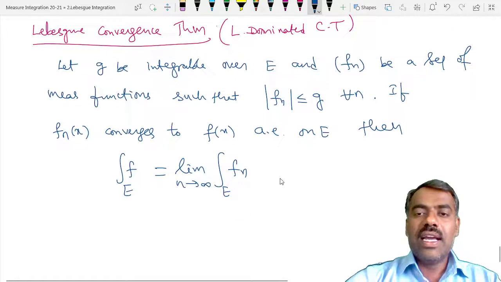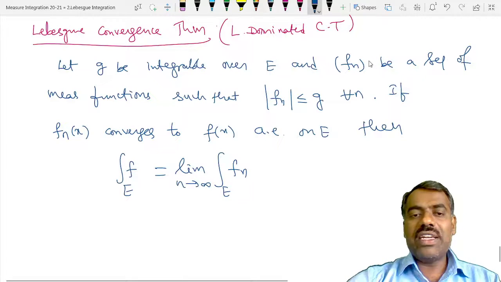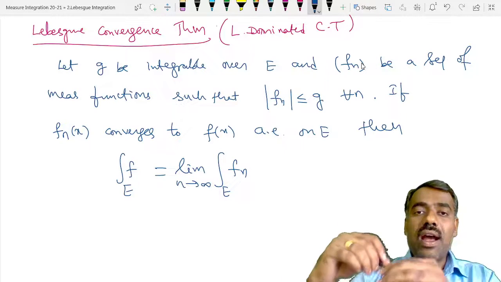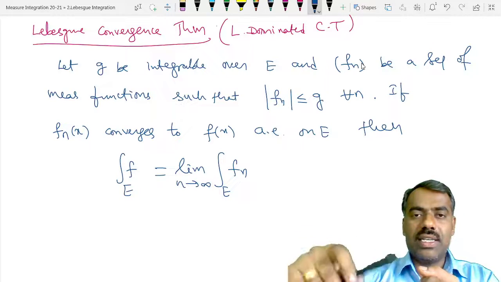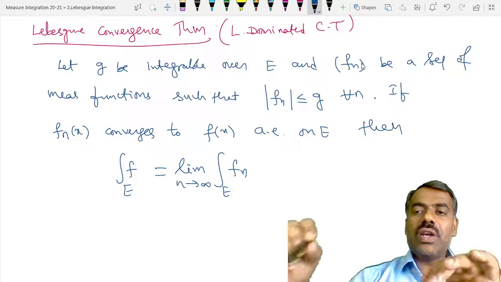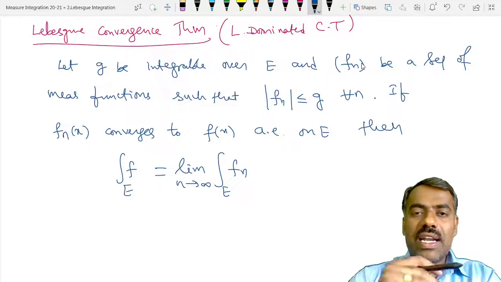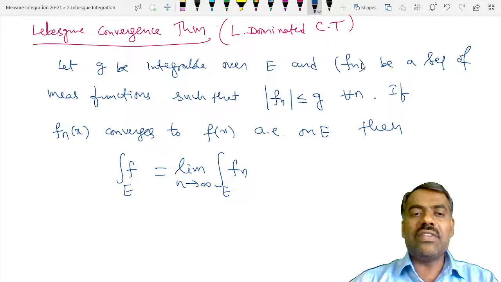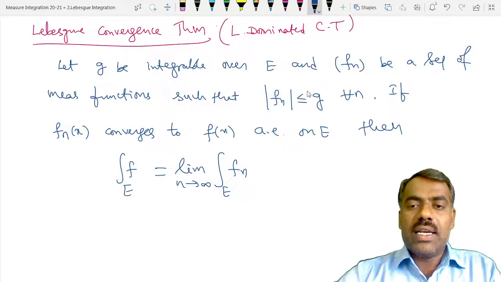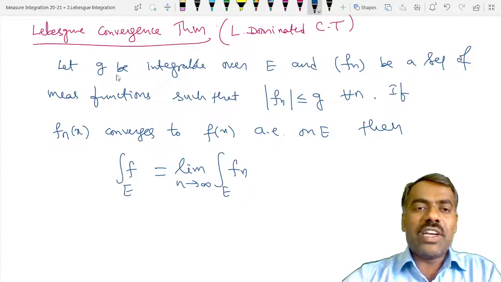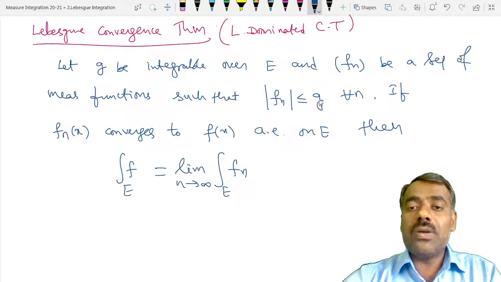But the condition is different. There, we are taking f_n's non-negative and increasing, whereas here you are dropping the condition that they are non-negative. It can be any sequence of measurable functions, but there should be a measurable integrable function g such that mod f_n is less than or equal to g.